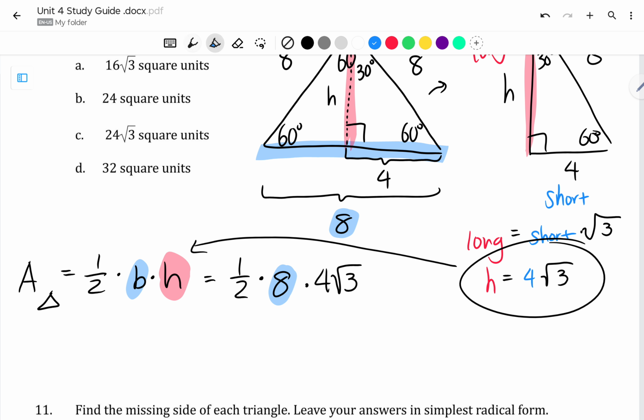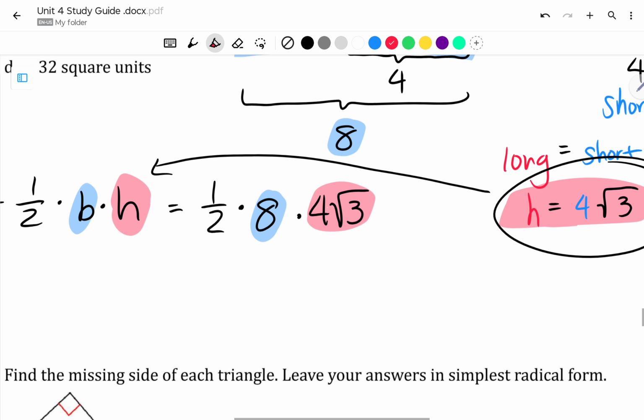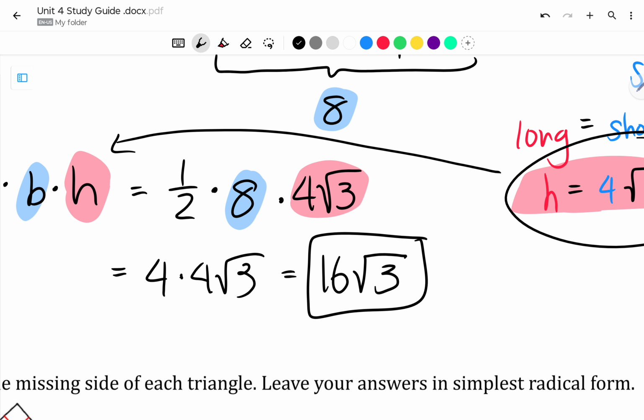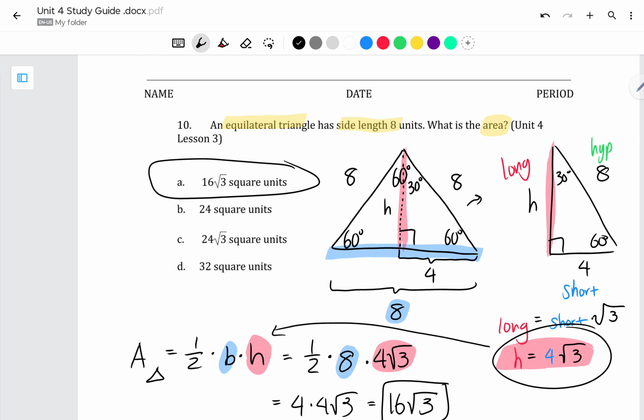So let's go ahead and simplify. 1/2 of 8, that's 4, times 4 square root 3. Combine like terms, that's 16 square root 3. So which one is that? Ooh, that's A. Okay.